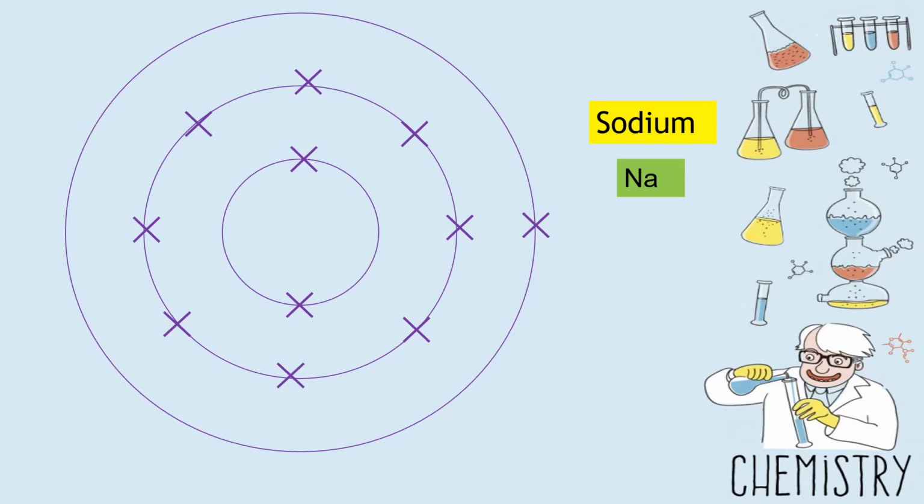Now the valence electron here is 1. It has one valence electron, or one outermost electron in its shell. These electrons determine the kind of chemical bonds, if any, the atom can form. Studying valence electrons is very essential because it refers to the capacity to form bonds.